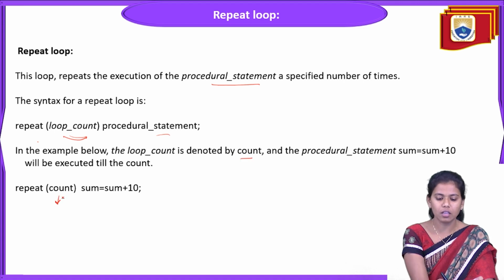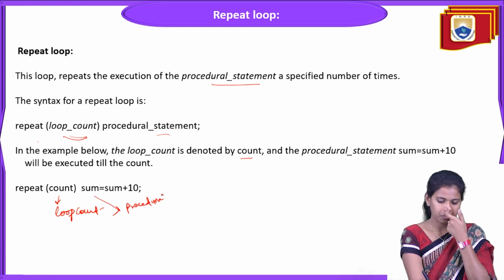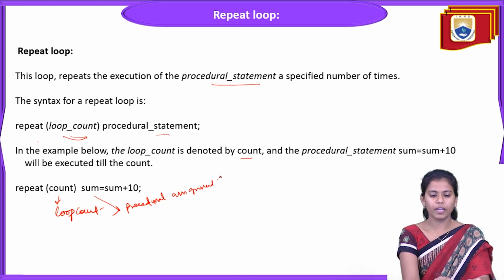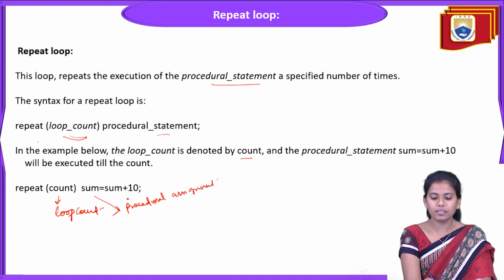So here this is the loop count, and this is nothing but the procedural assignment. Until I get sum plus 10, till this extent I can repeat, or I can repeatedly execute the statements.